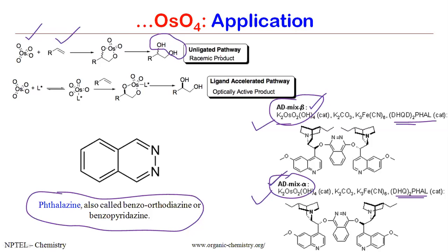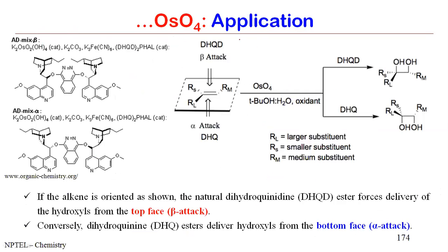One can have a mixture of products, a racemic mixture. But once we use an optically active ligand, we get a specific stereochemistry of the product. If you use beta, we get dihydroxylation on the top face. If you use alpha, we get dihydroxylation on the bottom face of the alkene. That is the role of this catalyst.